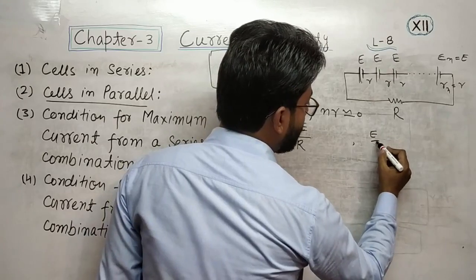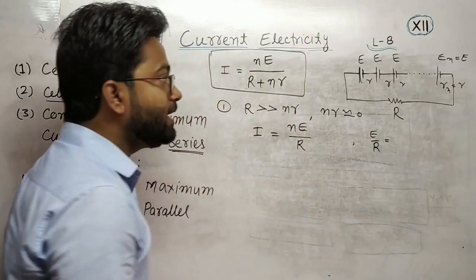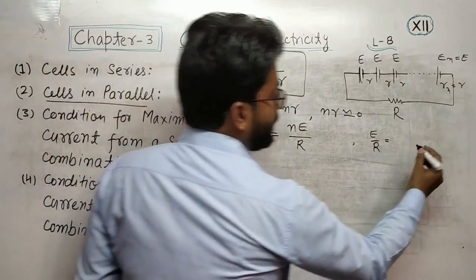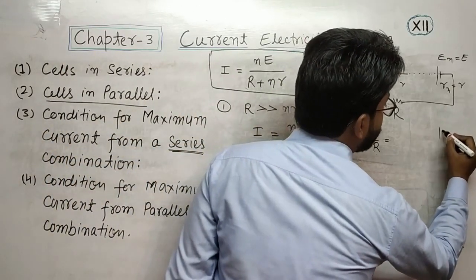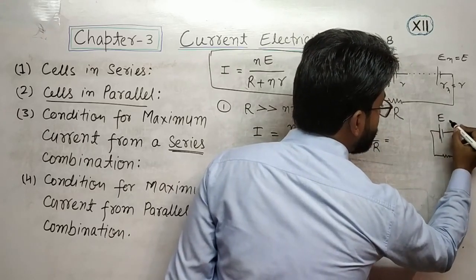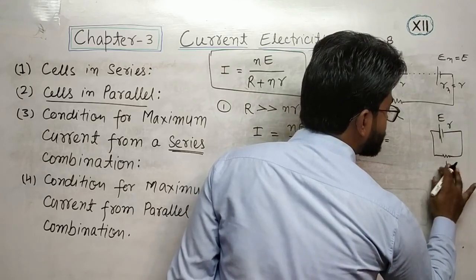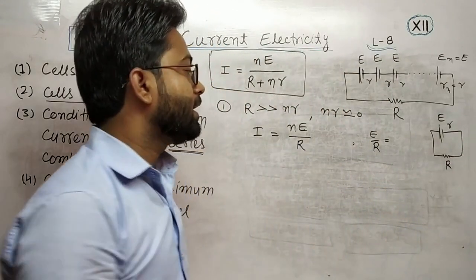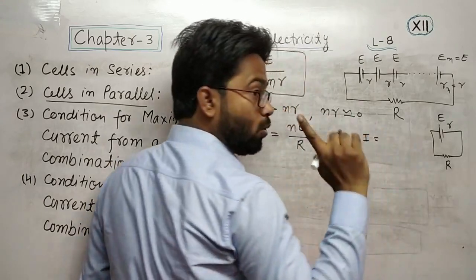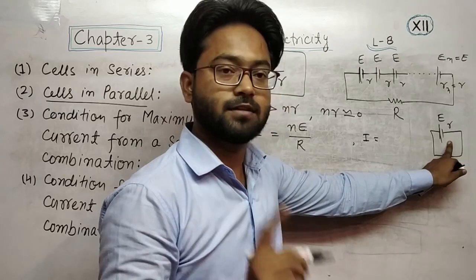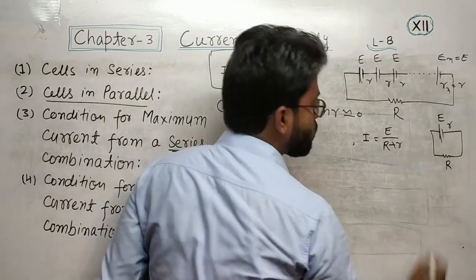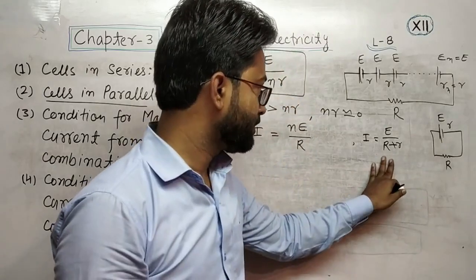and E upon R is what? Let us suppose we are taking only one cell and external resistance R. Current drawn by only one cell is equal to E upon R plus r. Very simple.